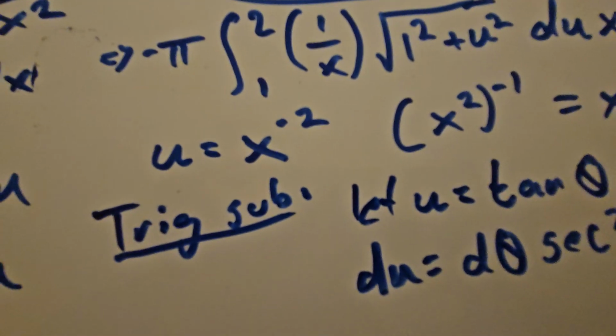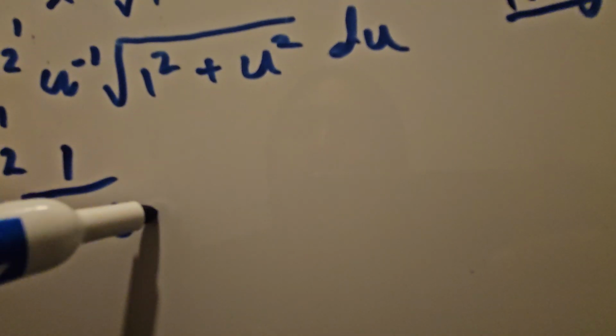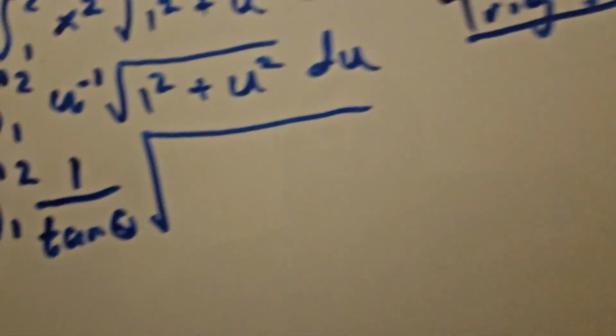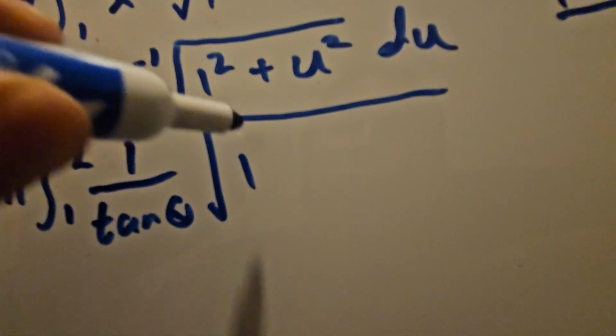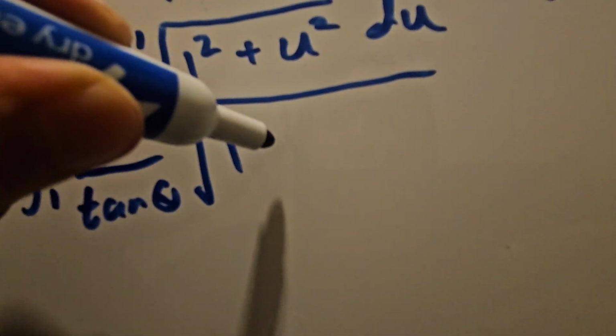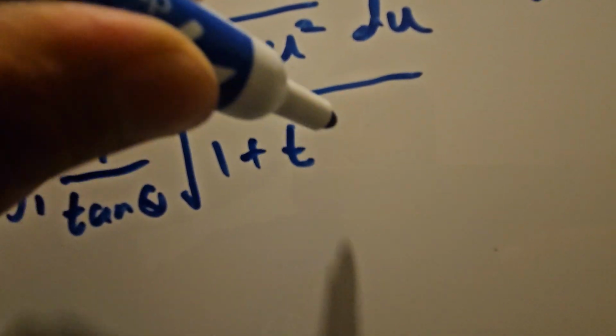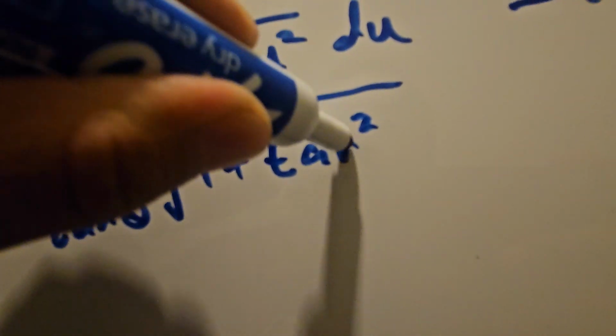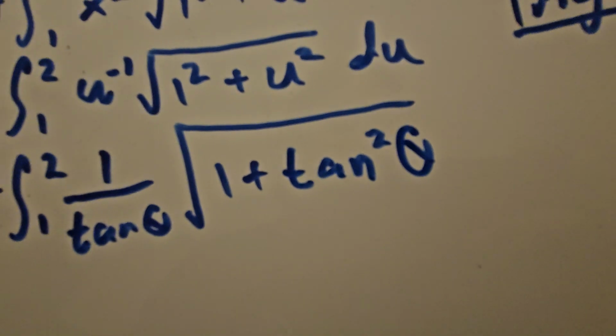Remember, let u equal tan theta, trig sub, square root of 1 squared, actually, let's just leave it as 1, because 1 squared is equal to 1 anyways, plus tan squared theta. Right? du equals d theta secant squared theta.